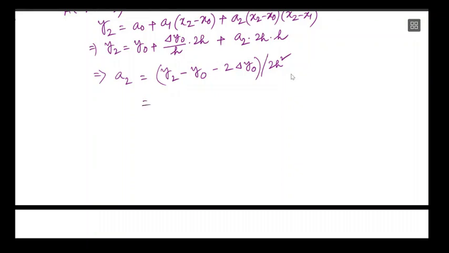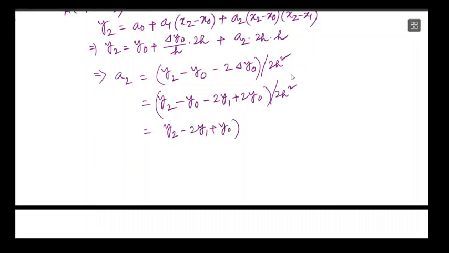If we expand, we will have y2 minus y0 minus 2y1 plus 2y0 by 2h square, equals y2 minus 2y1 plus y0 by twice h square.